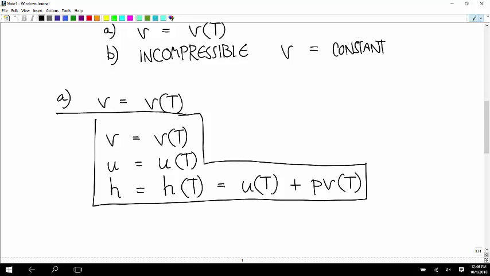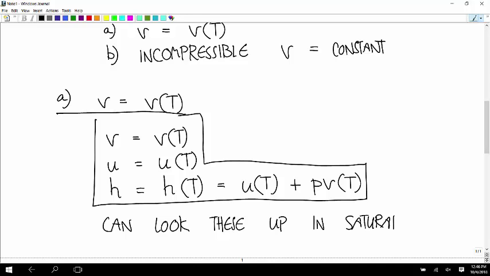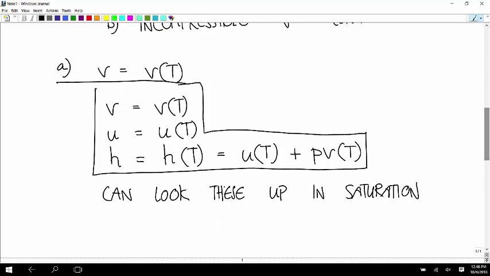So if you assume this model, then you can look all these up in saturation tables as saturated liquids.